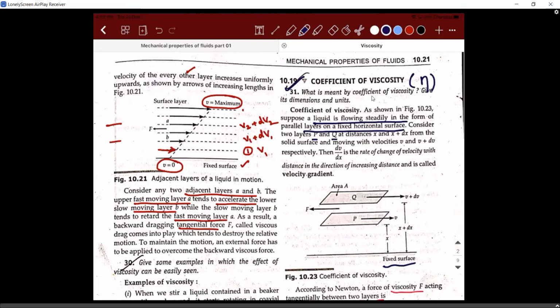So what is the difference between those two layers? It is going to be dx. In a similar way, if you look at the horizontal paths, if the velocity of the layer P is v, what will be the velocity of the layer slightly above it? It will be slightly greater. It is going to be v plus dv, right?